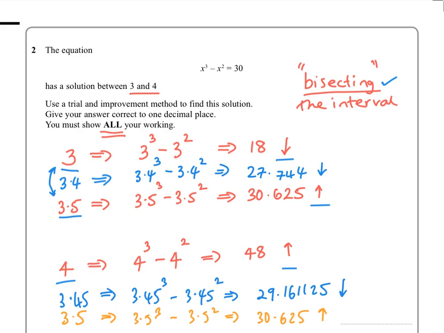But 3.5 itself was too much, therefore to one decimal place we can safely say that 3.5 would be the answer. So I would be writing 3.5 here. And I'd write 1 dp.